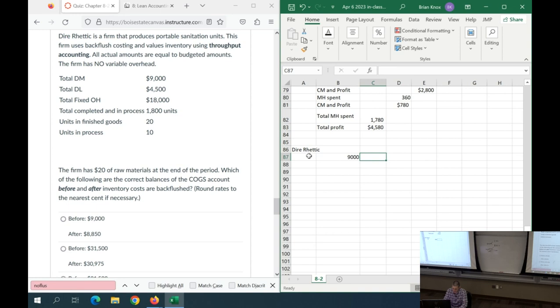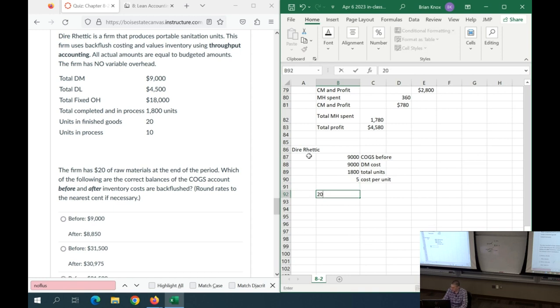9,000 is COGS before. We also have 9,000 as DM cost. That's where that comes from. 1,800 units, total units. So 9,000 divided by 1,800 gives us $5 cost per unit.